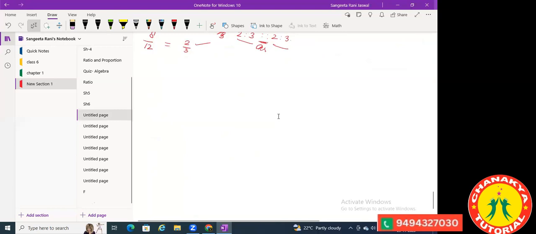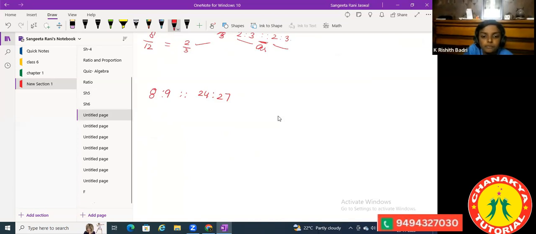Okay, we'll do the one without decimal first, so that things are more clear to you. Then we'll take the decimal point also. You have to tell whether they are in proportion or not, whether this statement is true or not.